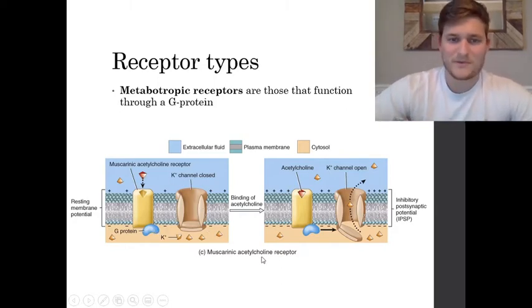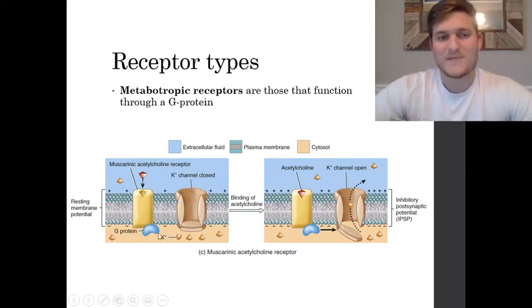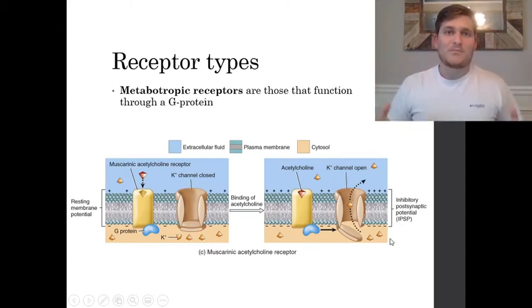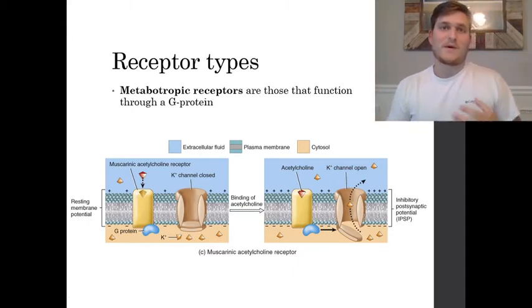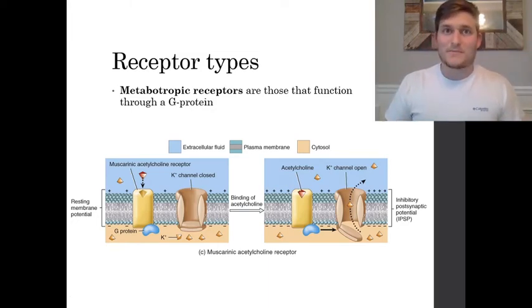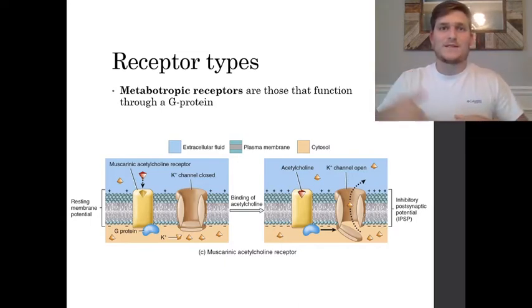So in this example, the muscarinic receptor is activated, that G protein is activated, and then results in this potassium channel opening, which causes an inhibitory postsynaptic potential. So again, just keeping in mind that these neurotransmitters can bind to ionotropic receptors, where ions are going to move through those receptors, or metabotropic receptors, where a G protein will be activated and then lead to a signaling cascade, which eventually leads to ions moving in or out of the cell.